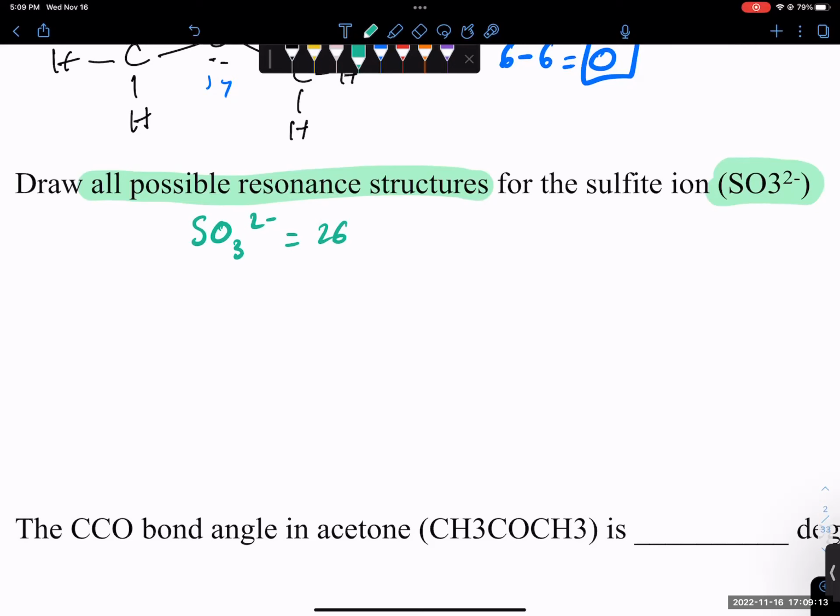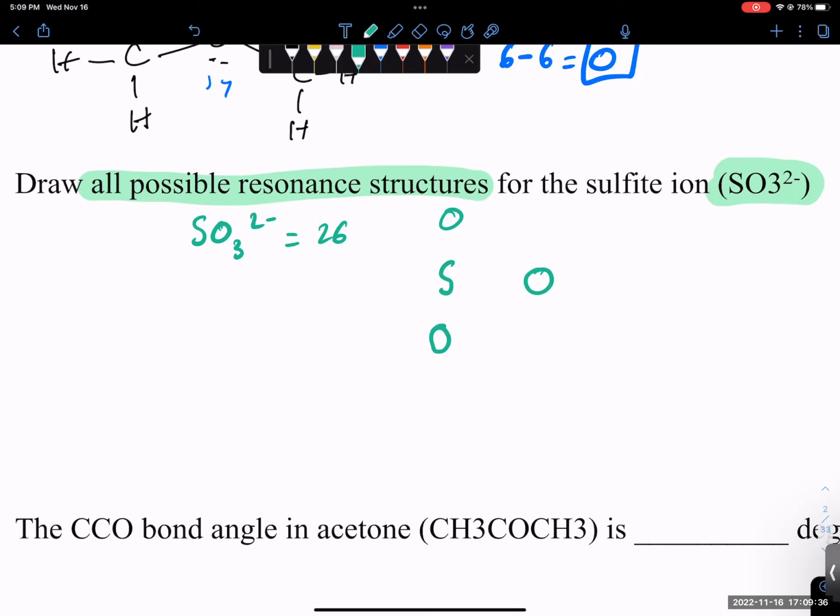So, the sulfite, as somebody said, the sulfur is indeed in the center because it's the least electronegative, and the oxygens are all over here surrounding it. Now, what's our next step? The terminal electrons: 3 times 8.